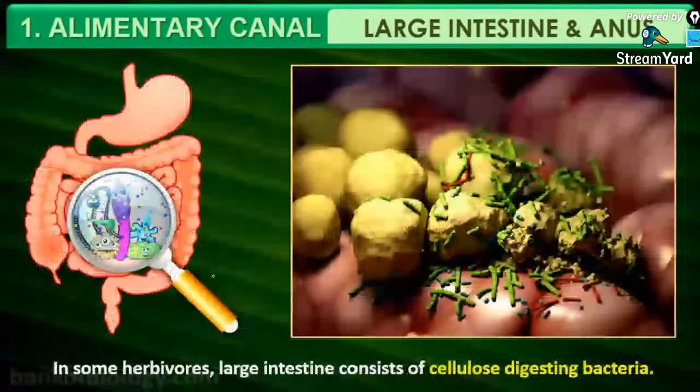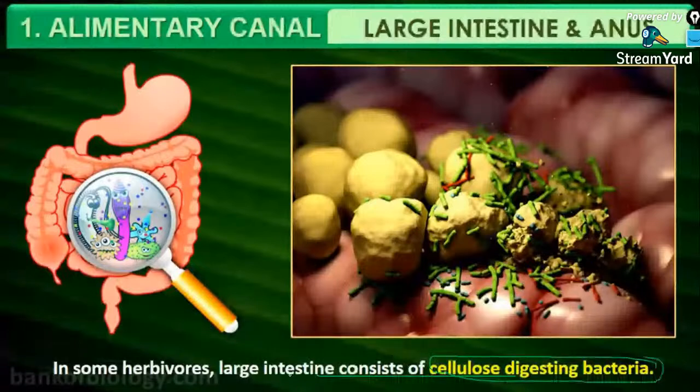In herbivores, the large intestine contains cellulose-digesting bacteria. That is why the large intestine, especially the cecum, is more well developed in herbivores.